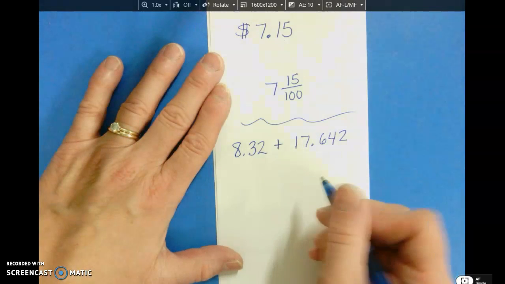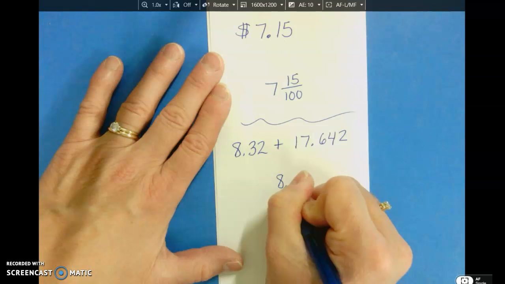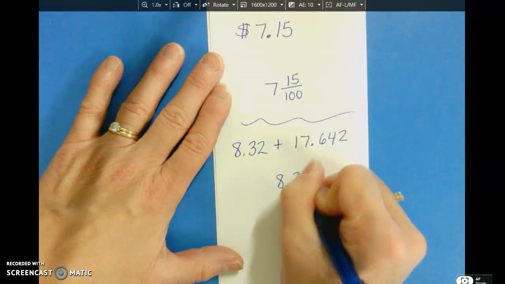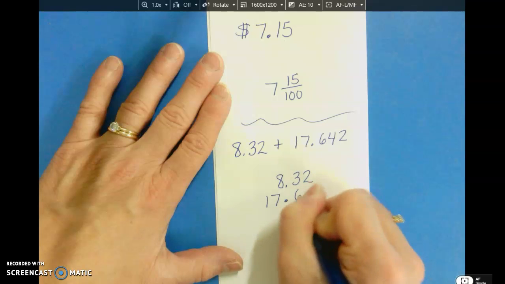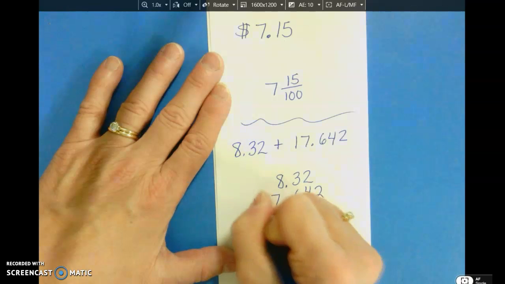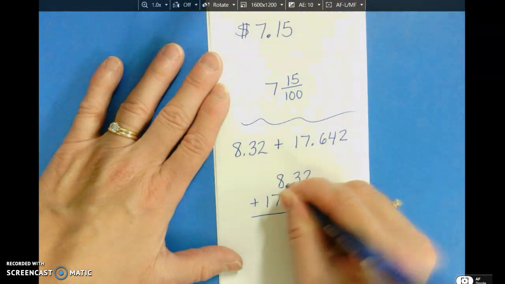You must make sure that you line up the decimals. So here's how I would rewrite it: 8 32 hundredths, 17 642. If I'm adding that number, okay, do you see how I lined up that decimal?